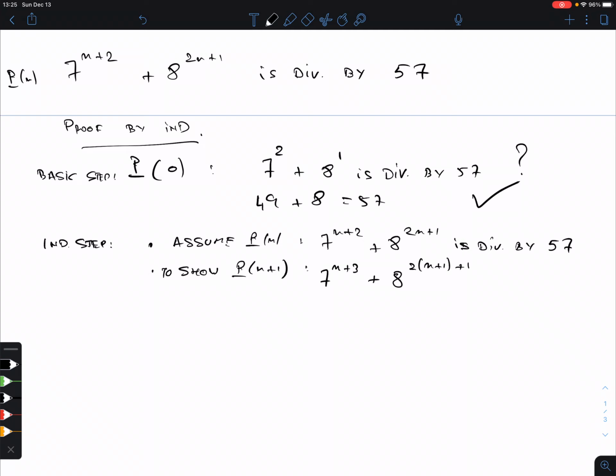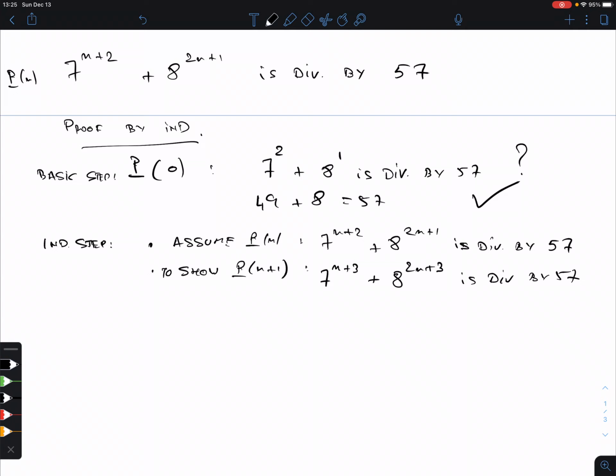Right? It's the n that I replaced by n plus 1. So the 2 is in front of all this. So this will come out to be 2n plus 2 plus 1, 2n plus 3, everybody sees this? 2n plus 3, and that is divisible by 57.